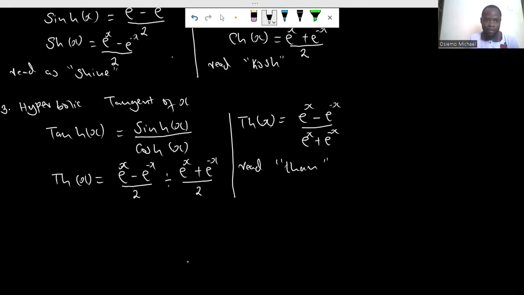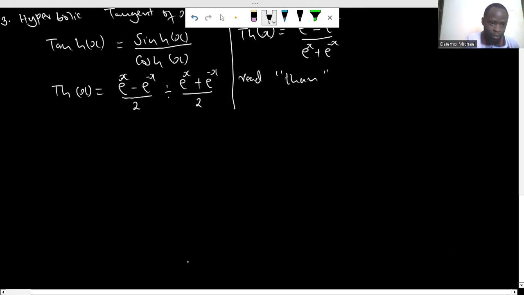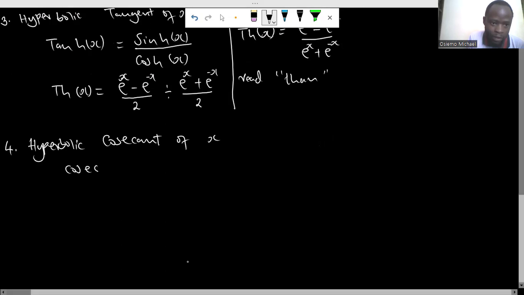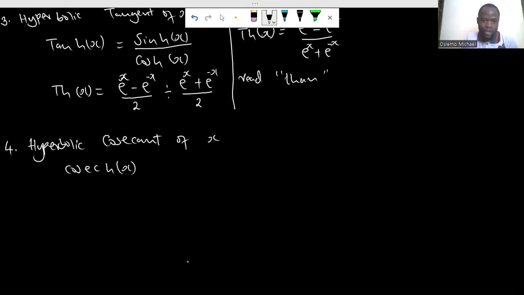From there you can have the special cases, that is the reciprocals of these hyperbolic functions. So you go to number 4, hyperbolic cosecant of x, which you write as cosech of x. Let me put a reminder here.